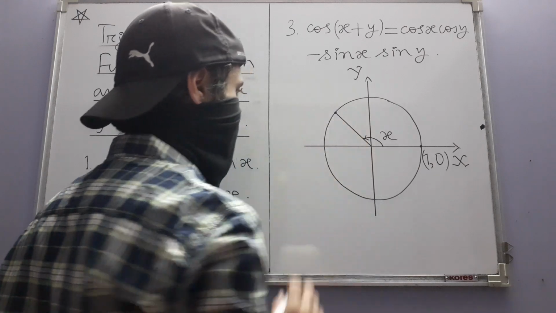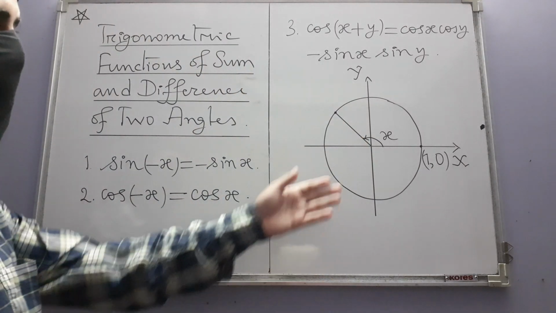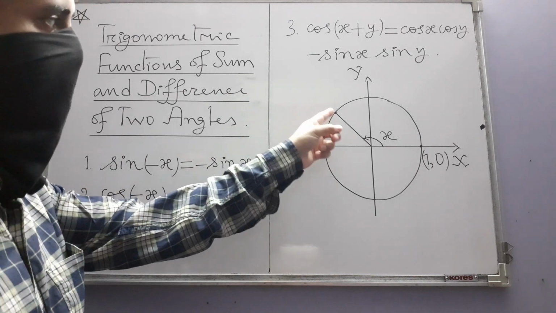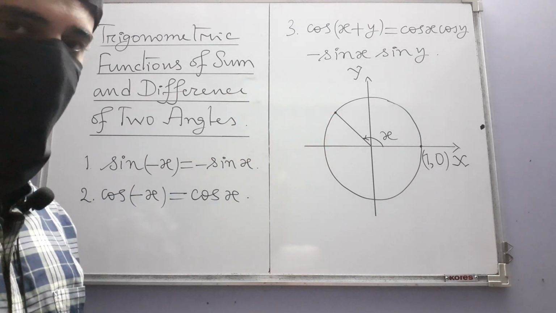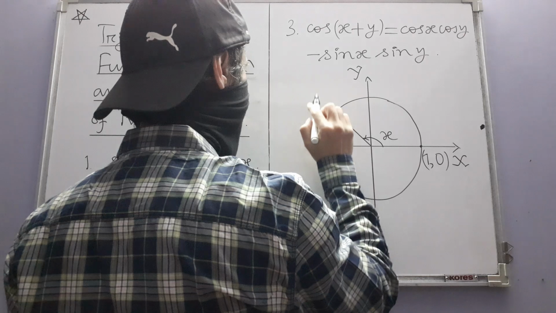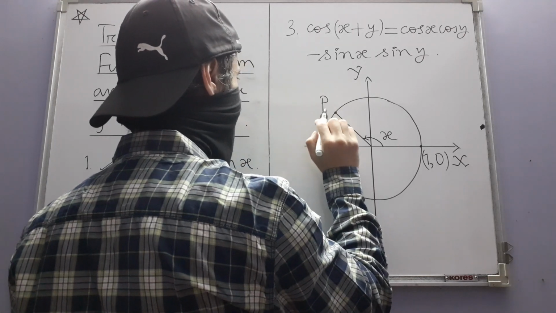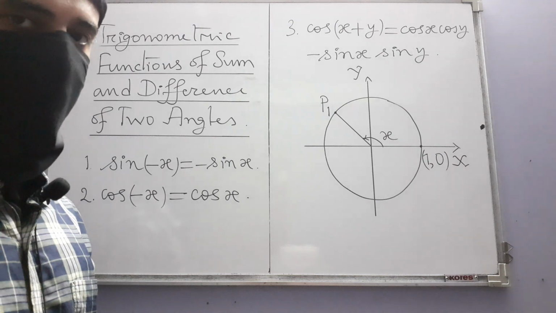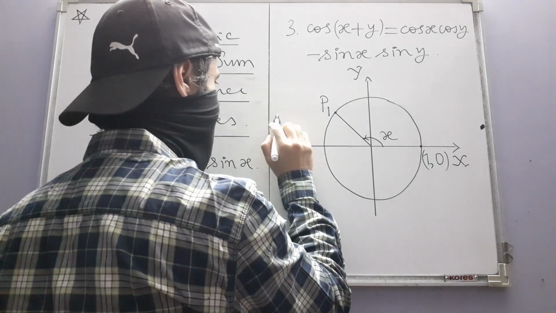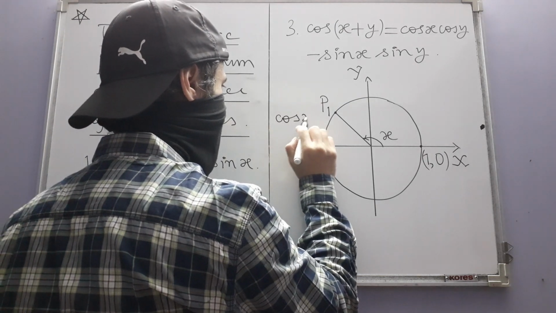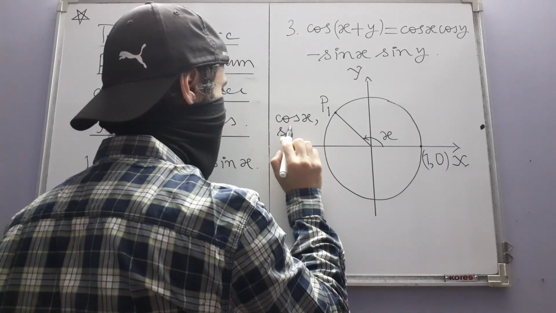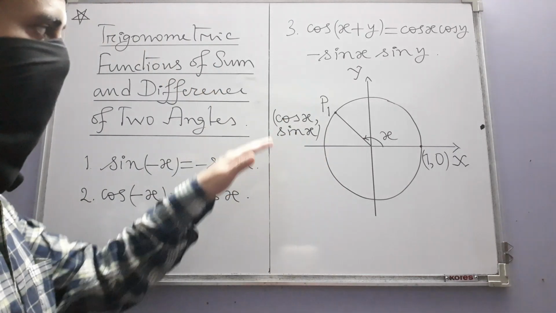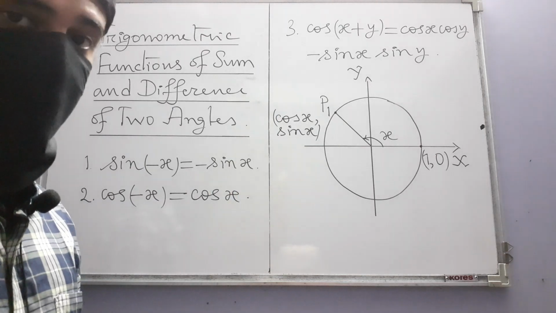Say this point where the terminal ray or terminal line, whatever you want to call it, cuts the circle, let this point be P1. Then we know what the coordinates of P1 are: cos x, sin x. In fact, that's what cos x and sin x are by definition.